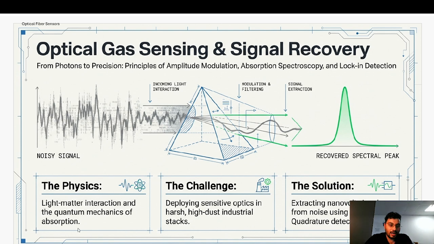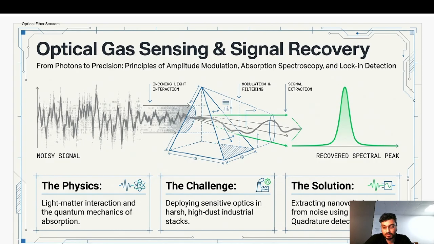So the physics behind sensing and signal recovery for gas sensing applications is light-matter interaction and the quantum mechanics of absorption, which we need to think about before going to the absorption region of the gas. Then there are challenges also, such as deploying sensitive optics in harsh, high-dust industrial stacks.